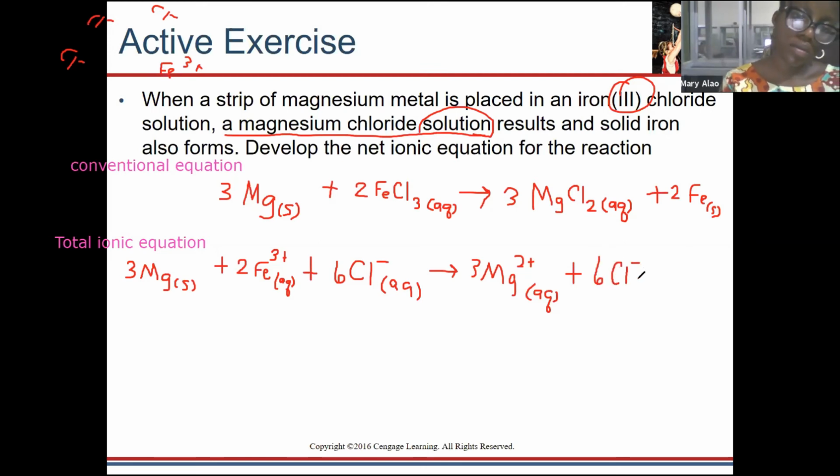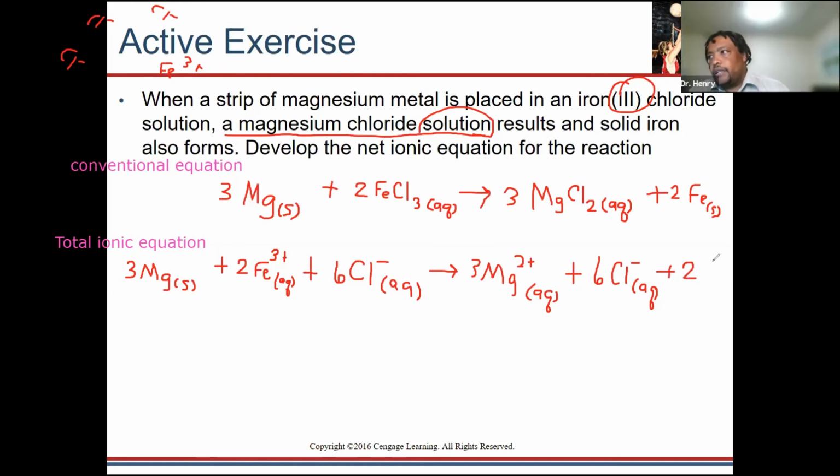That's right. Plus, we leave this one alone. Now remember, it has to be exactly the same on both sides to count as a spectator.